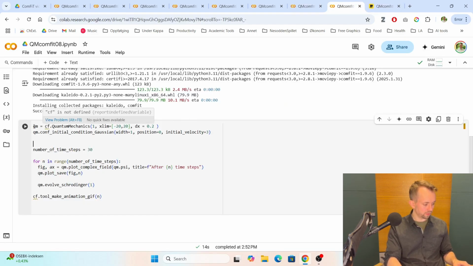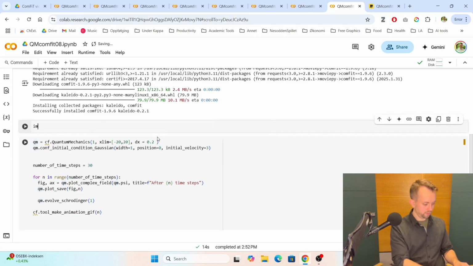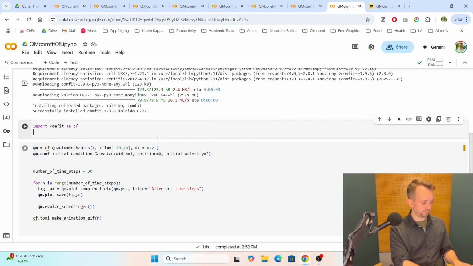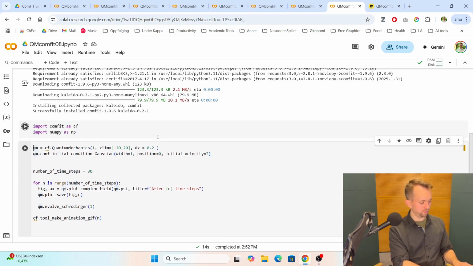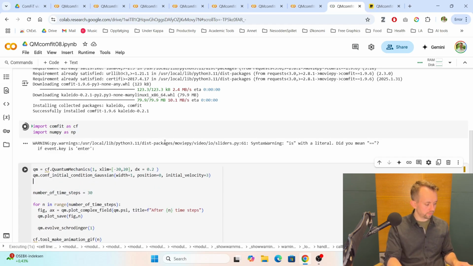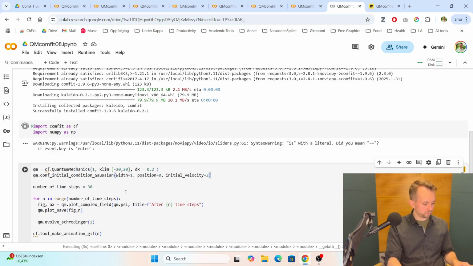So here we are. I also need to import, of course, import confit as cf, import numpy as np. So let's just start simple here.